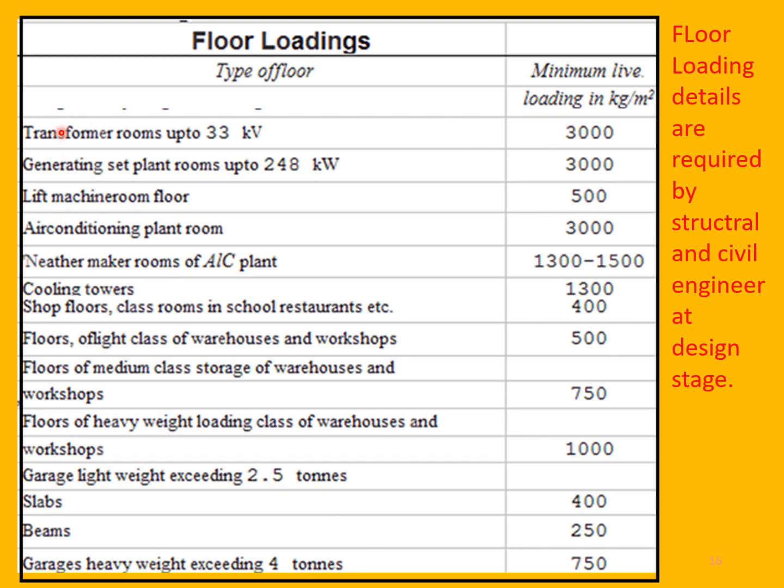Say in case of transformer rooms up to 33 kV, the transformer puts a load of 3000 kg per square meter. So the foundation has to be designed accordingly. Similarly, generating set plant room up to 248 kilowatt puts a load of 3000 kg per square meter. Lift machine room floor 500 kg, air conditioning system 3000, and remaining items are beyond my scope. But you can refer to them for the other components.